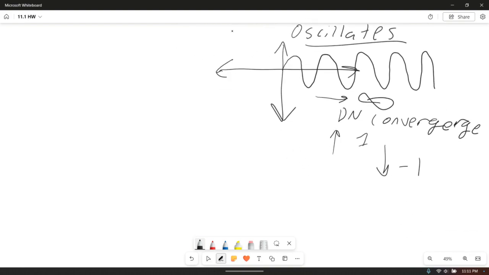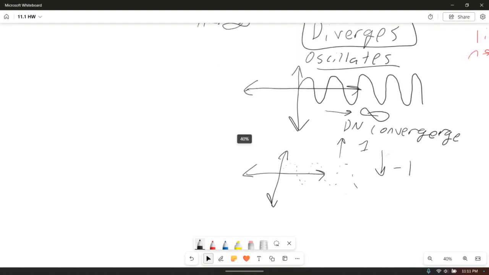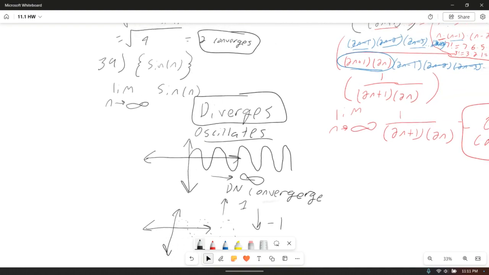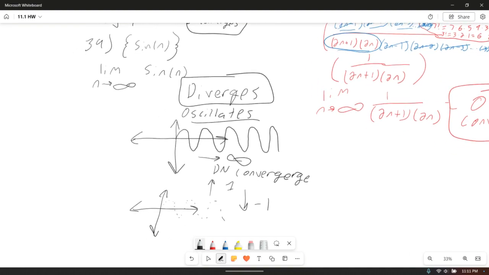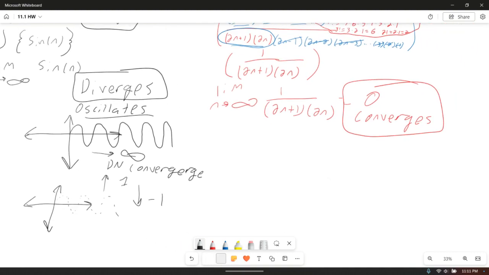For a sequence, it's a little bit less line and more dots, but like we said earlier, we could apply it as if it's an x, as if it's a f of x function. So no trick there, just doesn't converge.